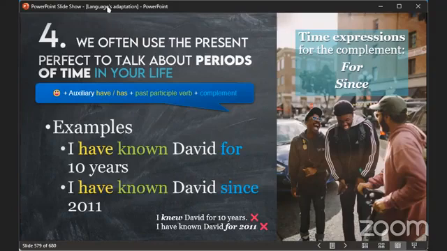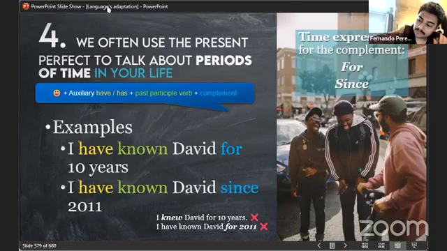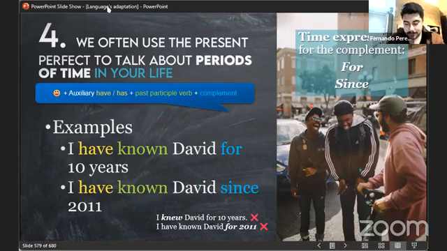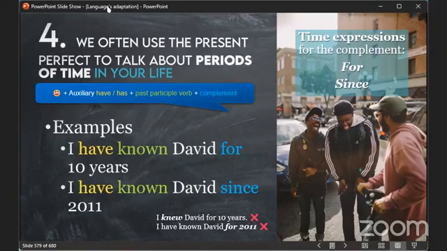I have lived in Mexico City for 15 years.